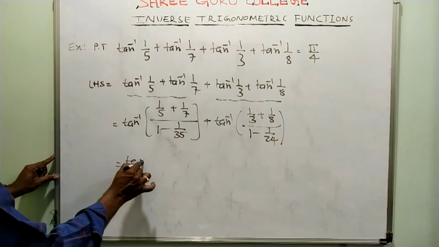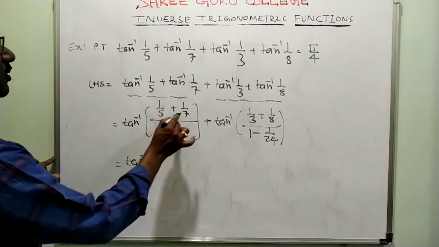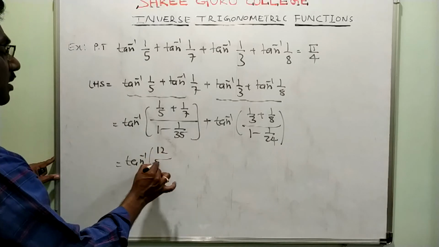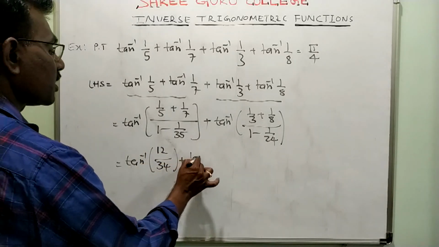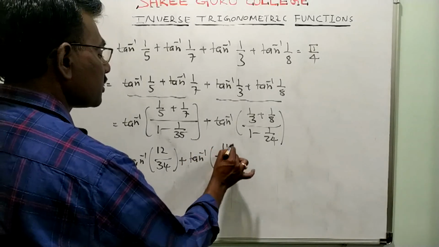LCM 35, so 5 plus 7 is 12, giving 12 by 34, plus tan inverse of 11 by 23.